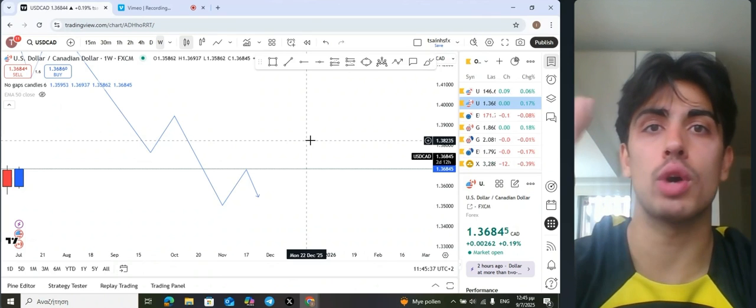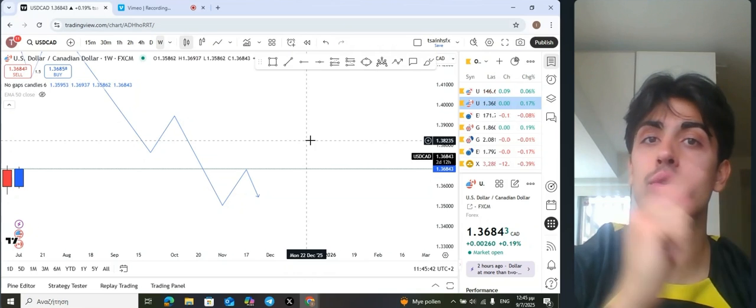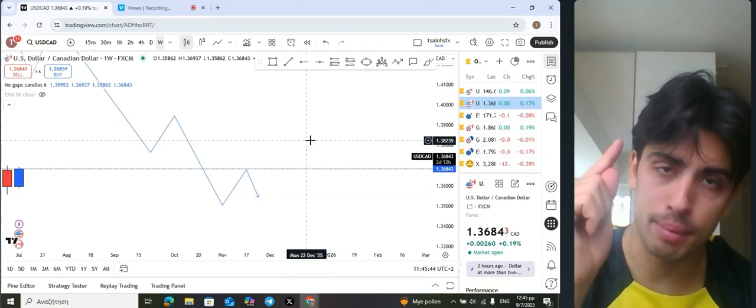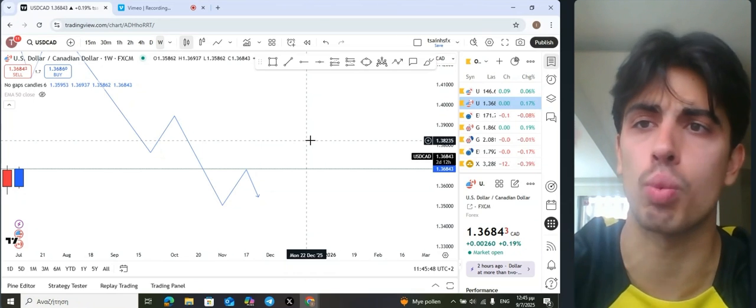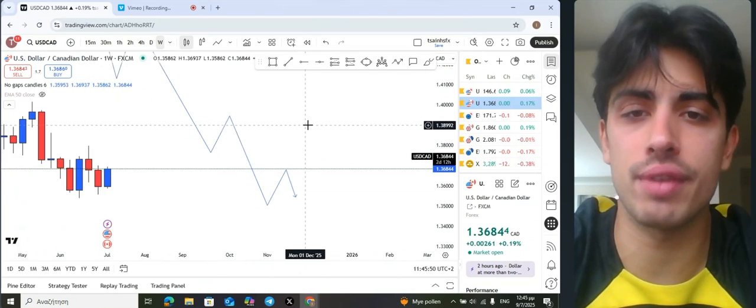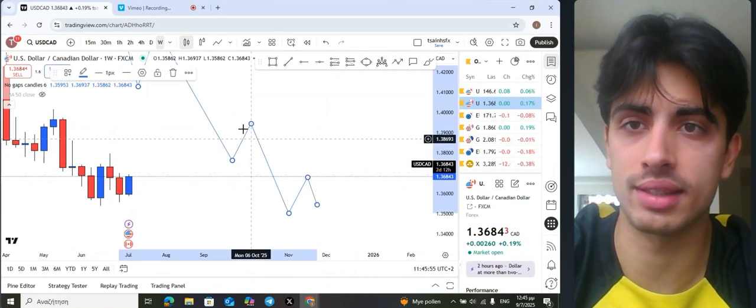You have to understand that it doesn't matter how many elbows we have, it's the one before you get the push that broke under the lower low. So write this down, pause it, watch it again. It's very, very important. So this market is bearish on the weekly time frame.